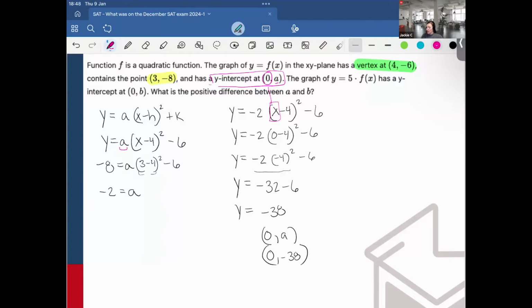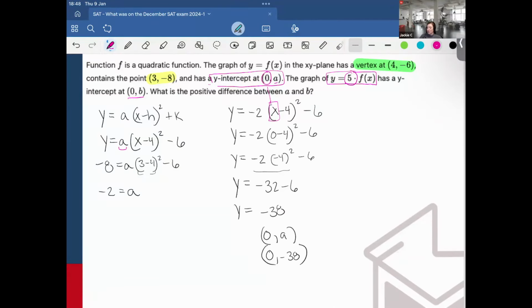Next up, it says the graph of y equals 5 times f of x has a y-intercept of (0, b). Okay, so if a function is being multiplied by an integer value, in this case 5, it is a graph amplification. And when the whole function is multiplied by an integer, only the y values are affected.